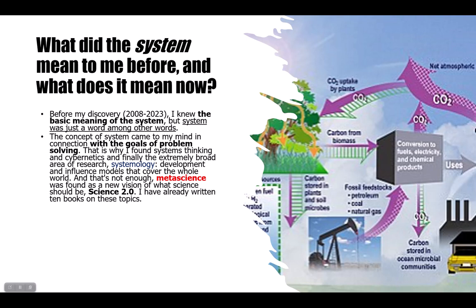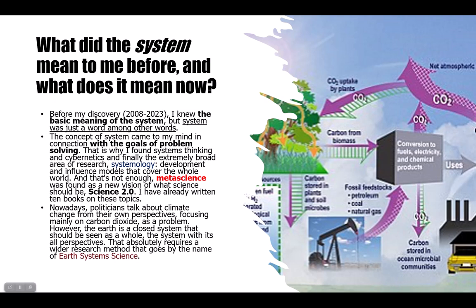One-eyedness is never good. Instead of speaking about carbon dioxide and such kind of taxation rules, we should speak about Earth systems science, because this is a holistic approach to the world.